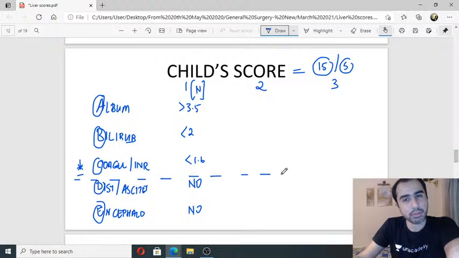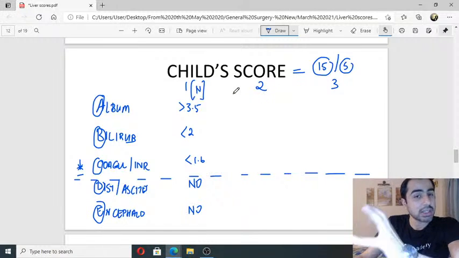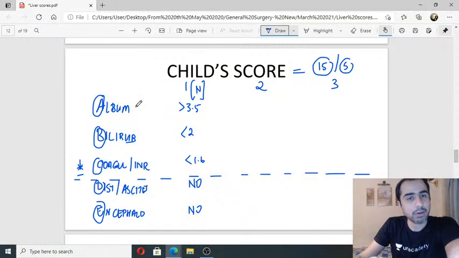Ranges to remember. A simple way to remember the range: the fraction or the value that will vary for albumin is going to be 0.7, for bilirubin it is going to be 1, and for INR it is going to be 0.7. बस इतना ही याद रखना है.